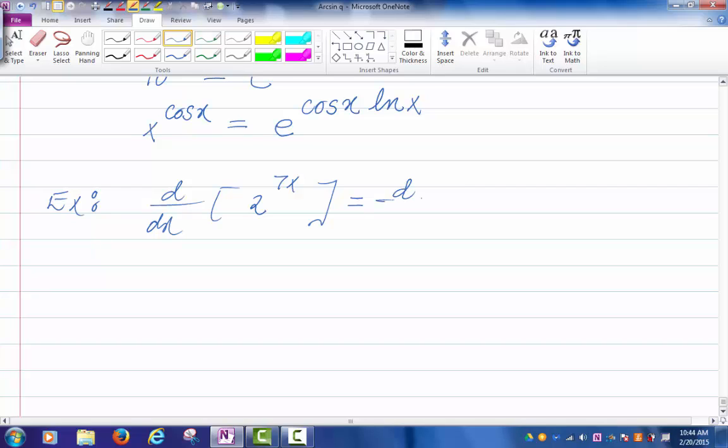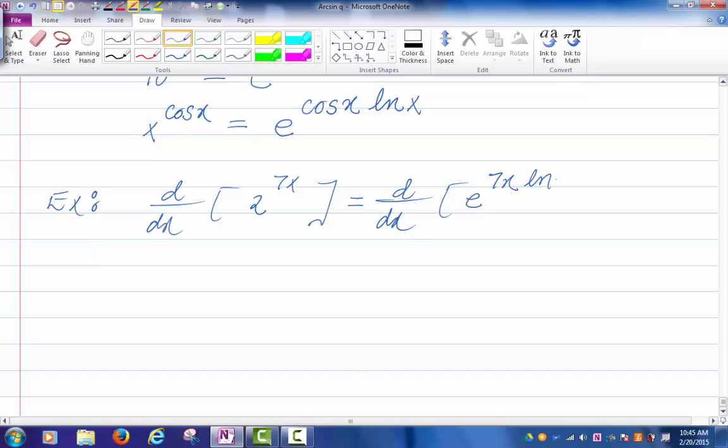What should you do? 2 to the power 7x. If you don't remember the formula for the derivative of 2 to the x, just write it down as e to the power what?